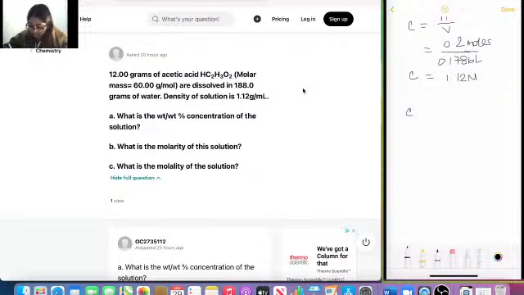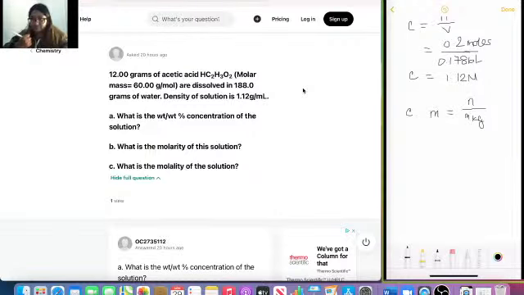Molality is denoted by a small m, moles over kilograms.